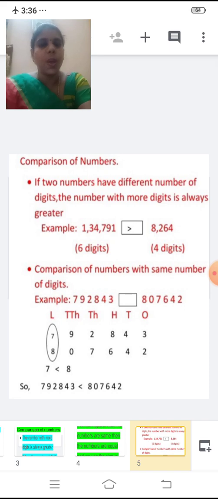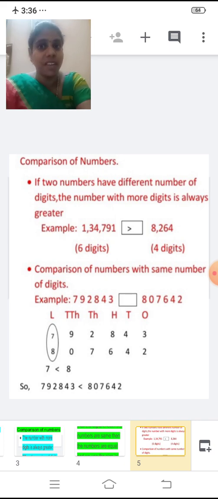1,34,791 and 8,264. Now count the number of digits in the first number. 1 2 3 4 5 6. We have 6 digits, right? In the second number we have 4 digits. So the number with more digits is always greater.